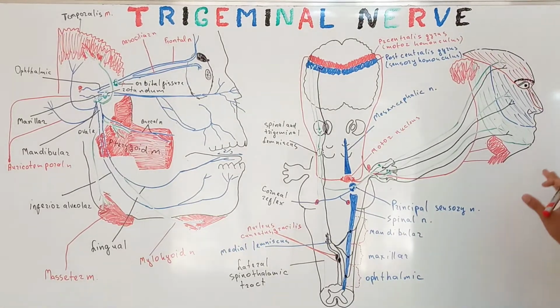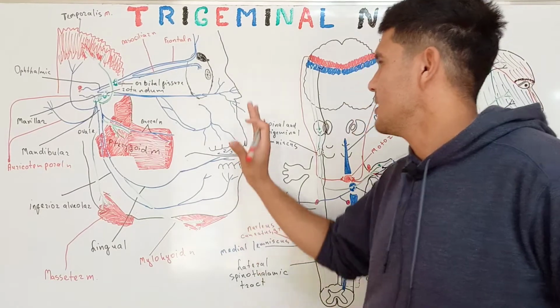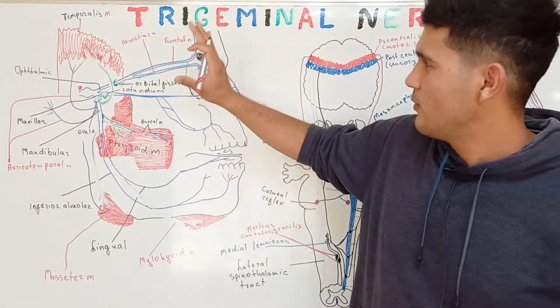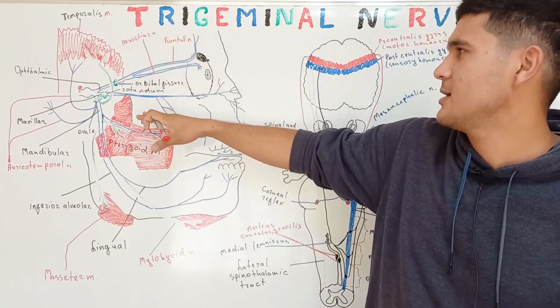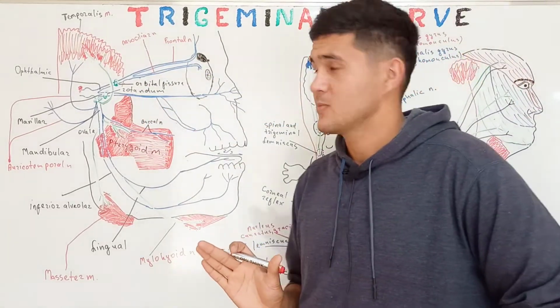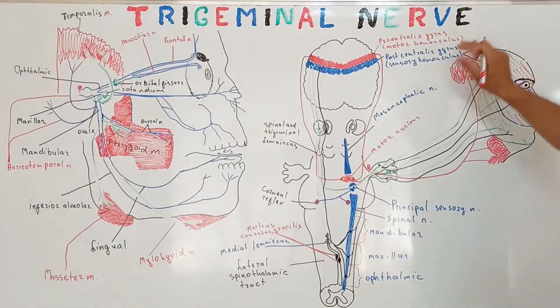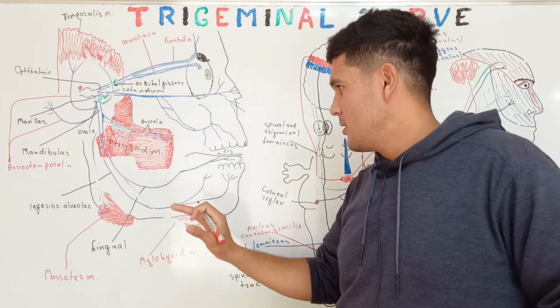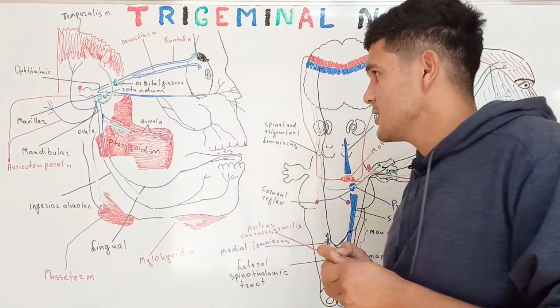I should point out that the first two, the ophthalmic and maxillary branches, are sensory branches. They receive impulses from this part of the head. The mandibular nerve has a further function.